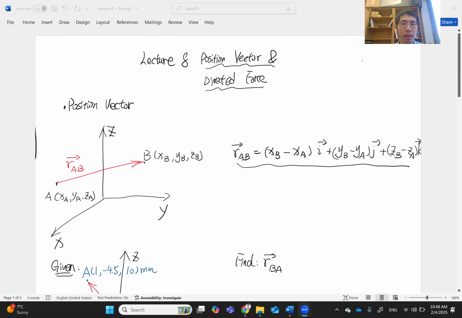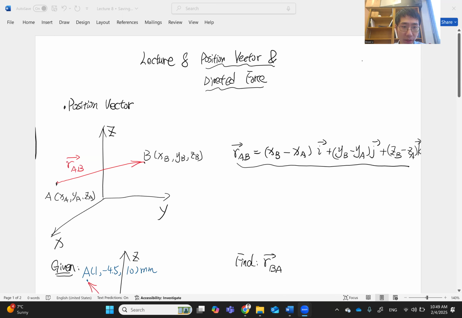Okay, so in the previous class we've been talking about position vector and directed force, right? The reason we are talking about this is that in the previous problems, the direction information of the force had already been given.